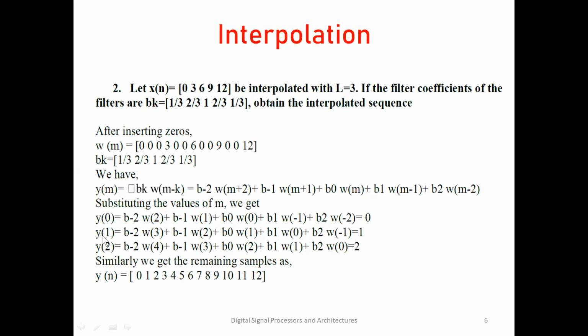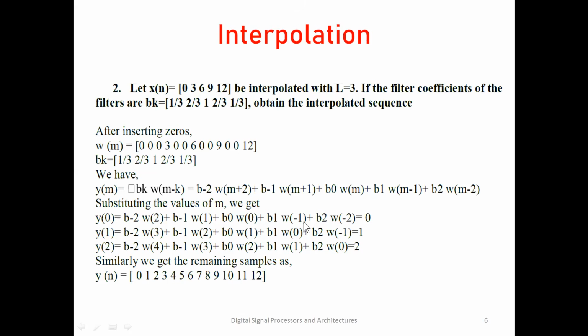Similarly, Y of 1 is 1, Y of 2 is 2, and so on. Calculating all the remaining samples, the sequence Y of N is 0, 1, 2, 3, 4, 5, 6, 7, 8, 9, 10, 11 and 12.